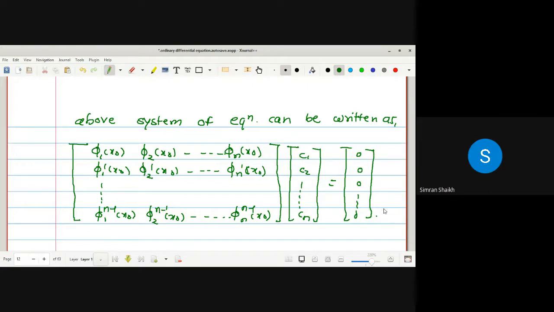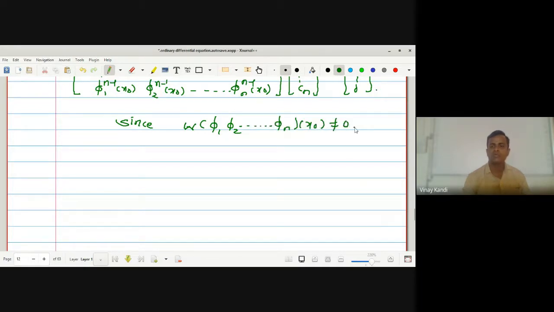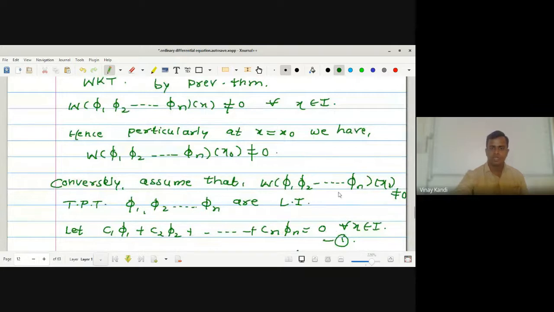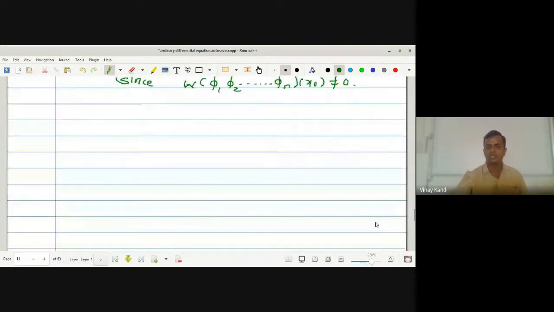No, sir. Now, since the Wronskian of phi 1, phi 2, up to phi n at point x naught is not equal to 0, assume that, it means that the determinant of the coefficient matrix is not equal to 0.